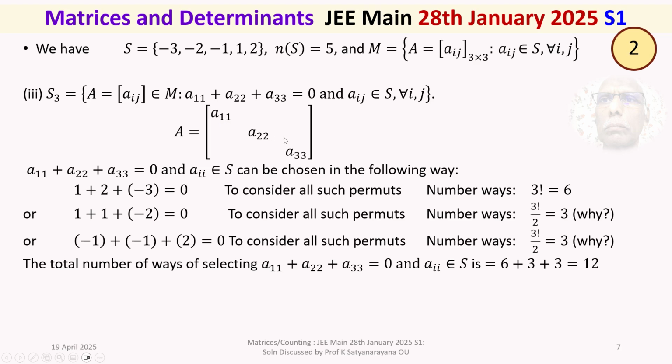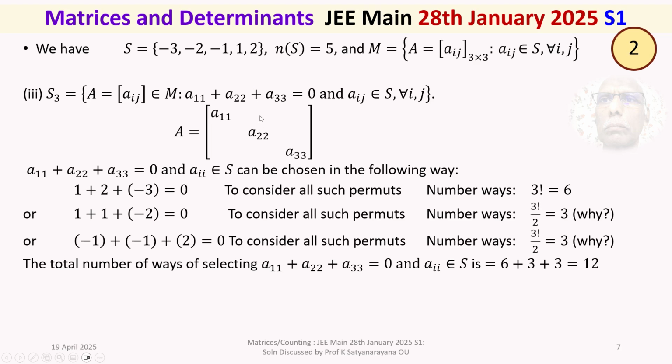For each way there are 6 off-diagonal entries. Off-diagonal entries means entries that are not on the diagonal. On the diagonal 3 elements are there, and in total 9 elements are there, so the off-diagonal elements will be 9 minus 3, that is 6 elements. These off-diagonal elements can take any element of S, that means any of the 5 elements.